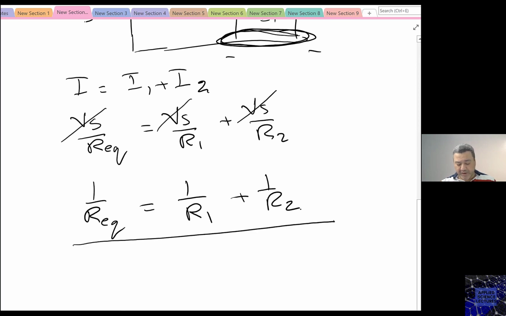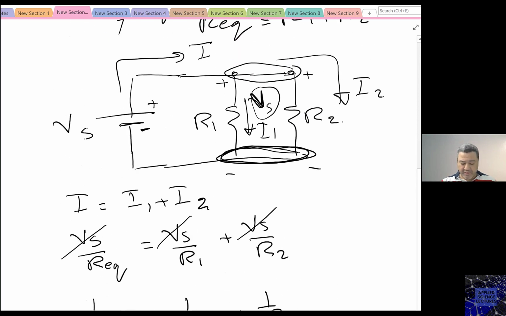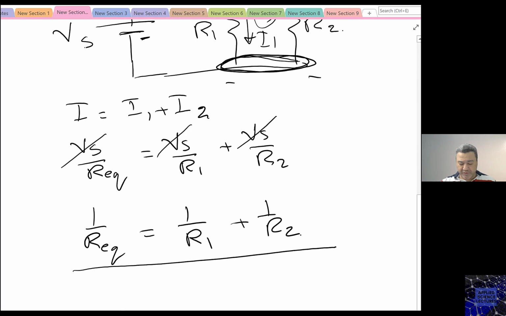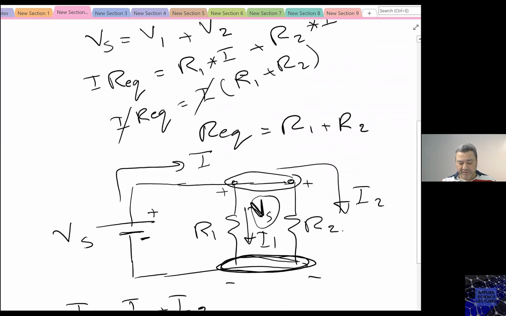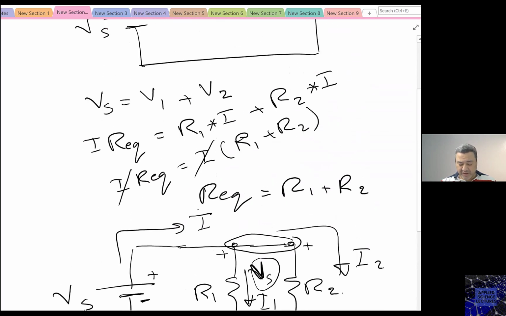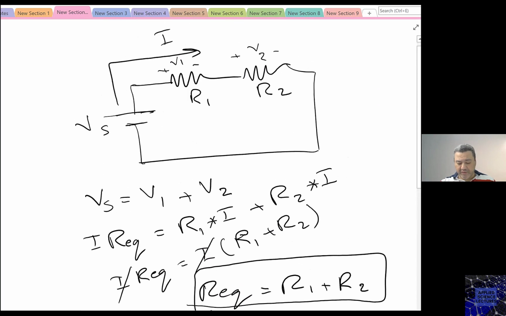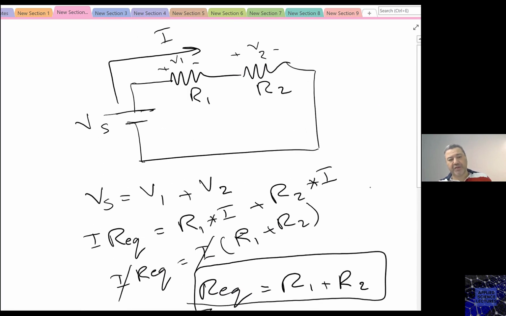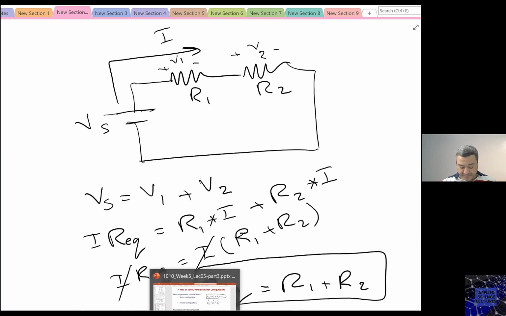So for the parallel configuration, the inverse of the equivalent is the summation of the inverses of the resistors. And for the series configuration, where I have resistors in series, the total or equivalent resistance would be the summation of those resistances.